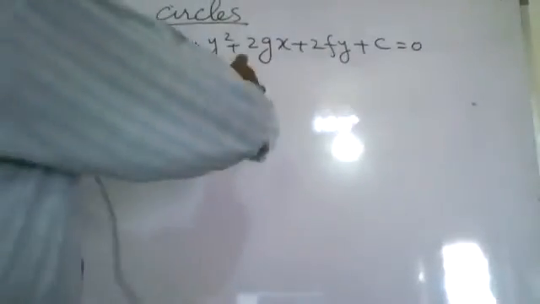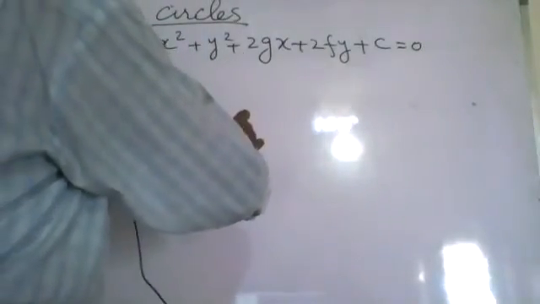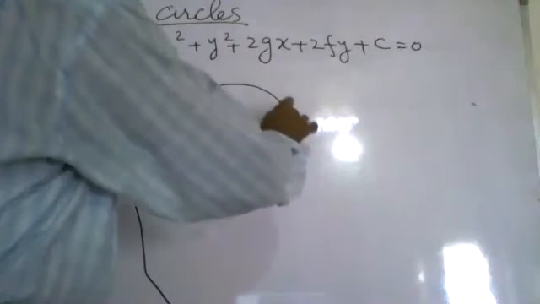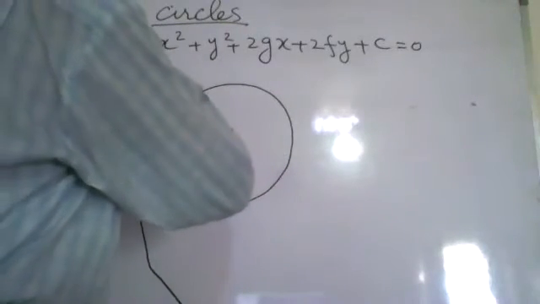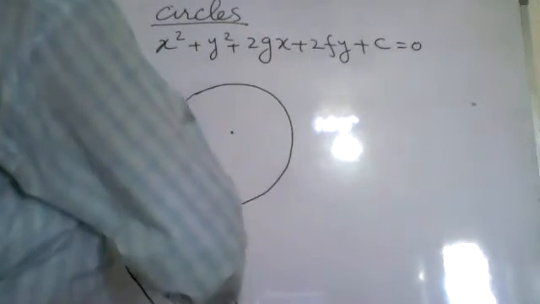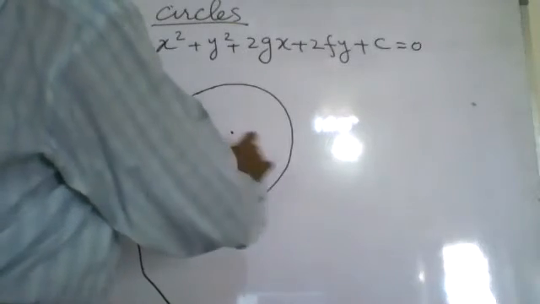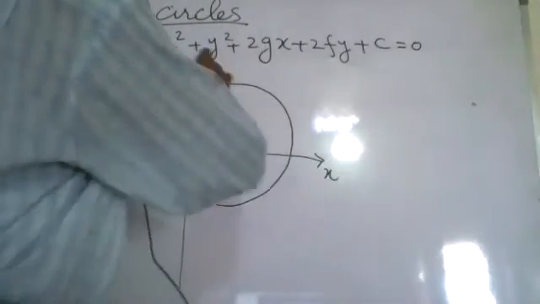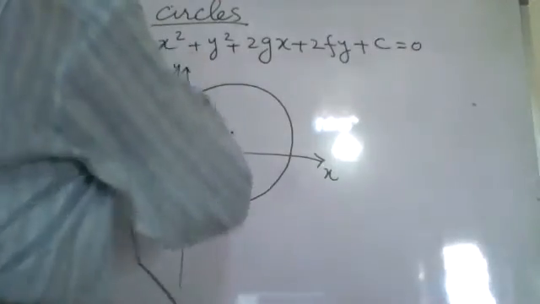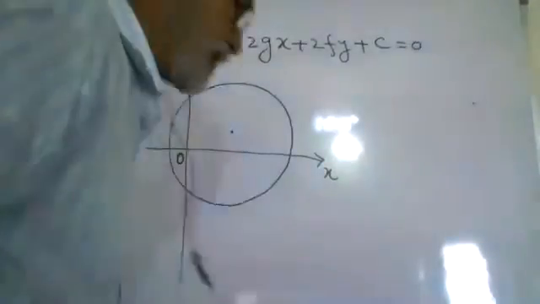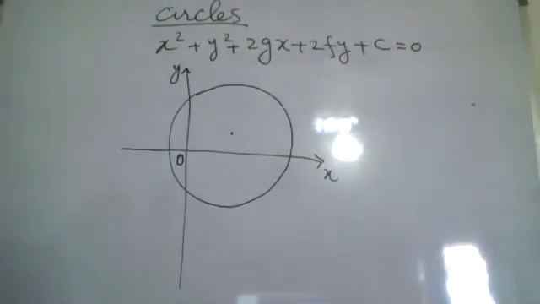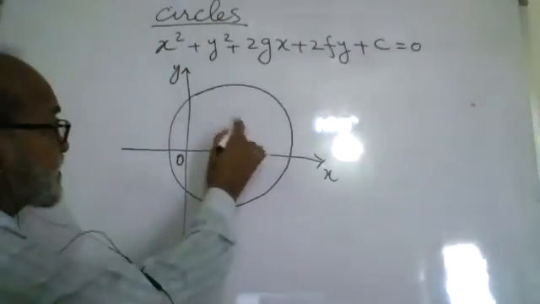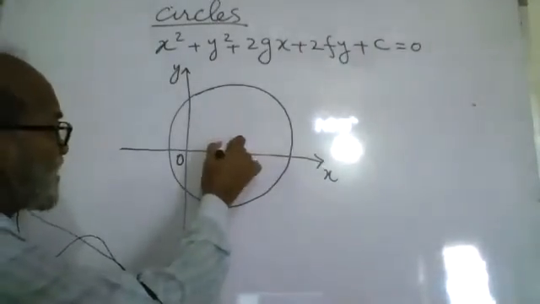So what is a circle? Circle is the locus of all the points which are equidistant from a fixed point.